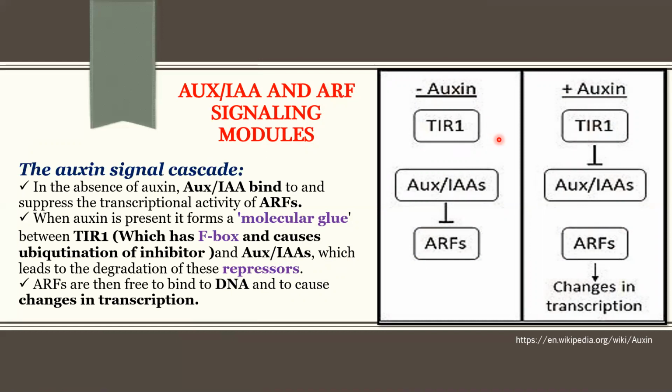Now this TIR1 has ubiquitin, and why does it have ubiquitin? Because it is made up of 3 types of things: the first is F-box, and the second is cullin, F-box, and SCF. Now the F-box contains ubiquitins, which cause ubiquitination of inhibitors.